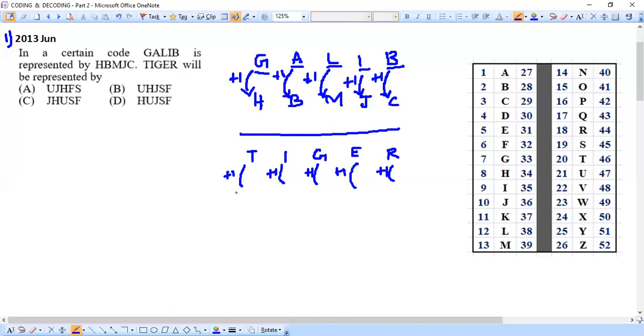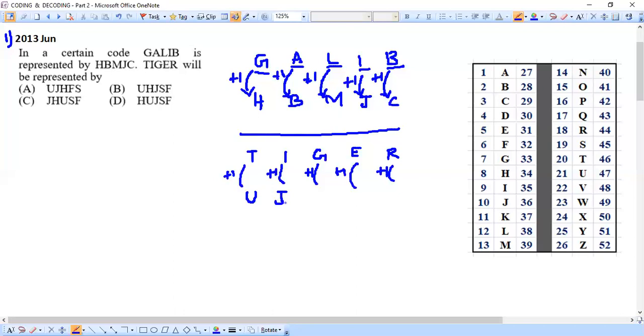To make it very simple, we just have to move to the next letter. The +1 indicates just the next letter. So we can directly fill in the corresponding next letters. Here T, the next letter is U. Then I, the next letter would be J.